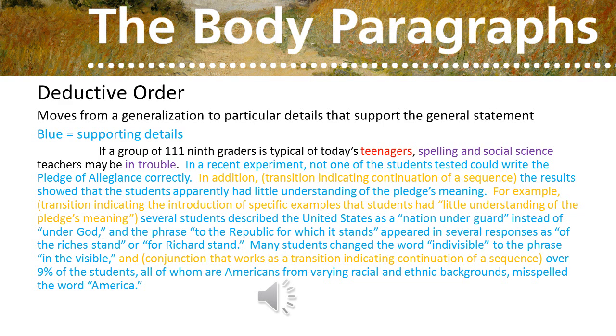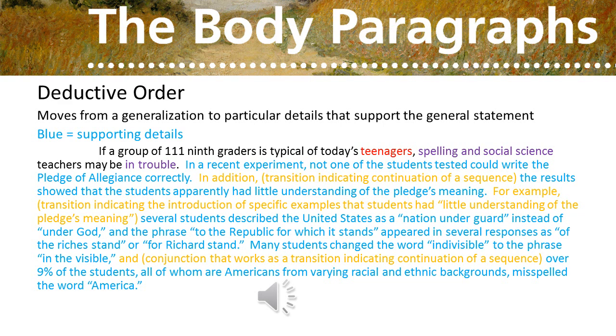Over 9% of the students, all of whom are Americans from varying racial and ethnic backgrounds, misspelled the word America. There's your problem with spelling. So, this paragraph begins with a general idea about teenagers and trouble with spelling and social science, and then goes through very specific examples of how this is the case. This is a very good paragraph.